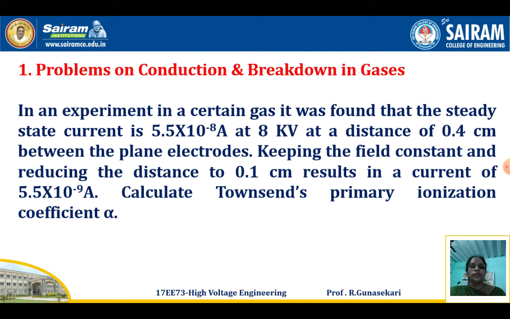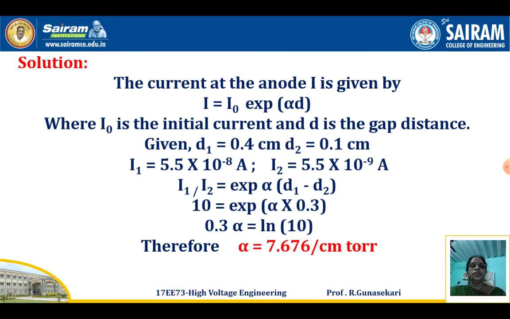Again, we maintain the field constant and reduce the distance from 0.4 to 0.1, and at that time the current is 5.5 × 10^-9 ampere. Therefore d1 = 0.4 centimeter, d2 = 0.1 centimeter, I1 = 5.5 × 10^-8 amps, and I2 = 5.5 × 10^-9 ampere.